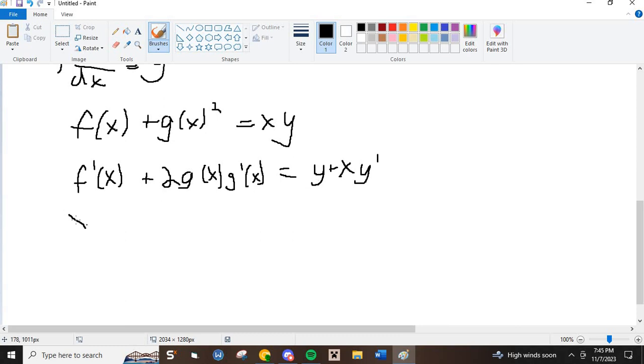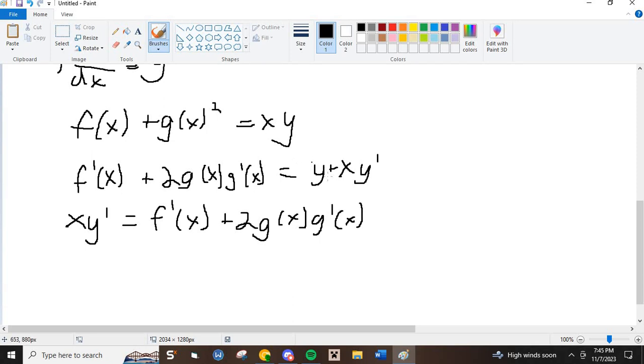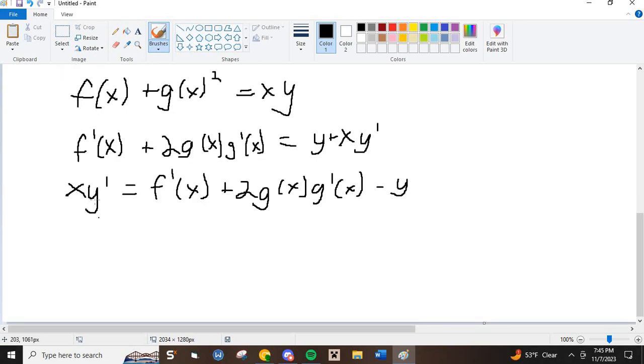So this is going to be x y prime is equal to f prime of x plus 2 g of x, g prime of x, and then remember I moved that y to the other side, so that's minus y, and then to get y prime you just divide the whole thing by x.